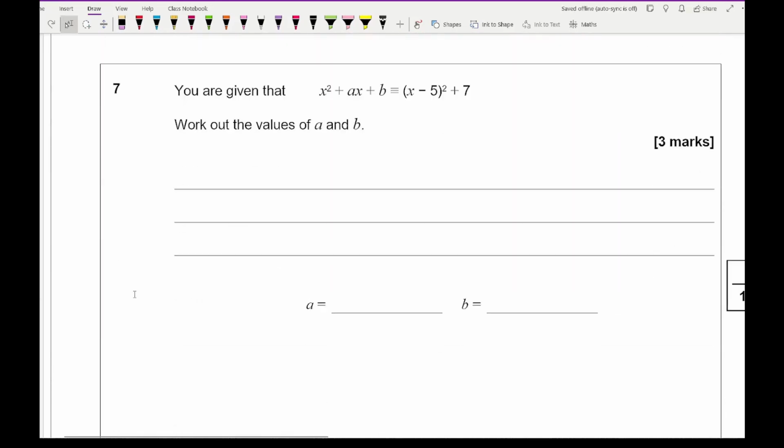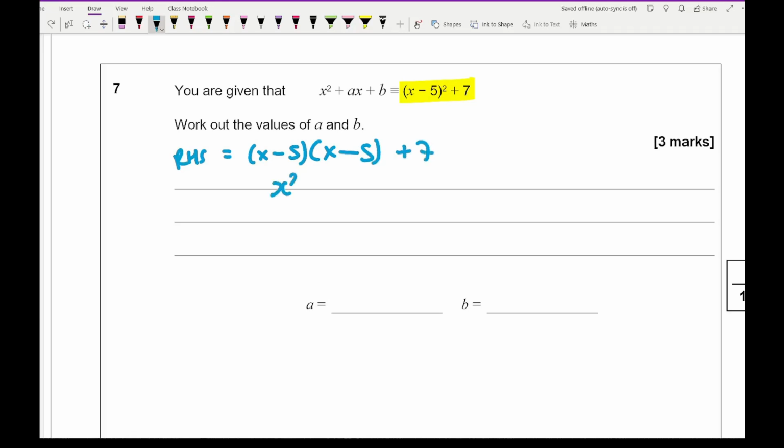Now moving on to question 7, it says you are given that x squared plus ax plus b is algebraically identical to x minus 5 all squared plus 7. Work out the values of a and b. So what we need to do here is basically expand this right hand side. So the right hand side is going to equal x minus 5, x minus 5. Remember, it's double brackets, plus 7.